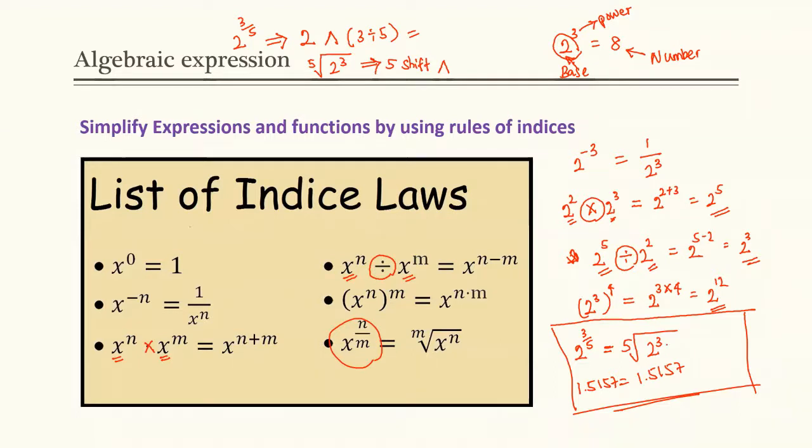And then you can enter 2 to the power 3. This is the way we enter it in the calculator. Then press equal. You will get the answer as 1.5157. Right?